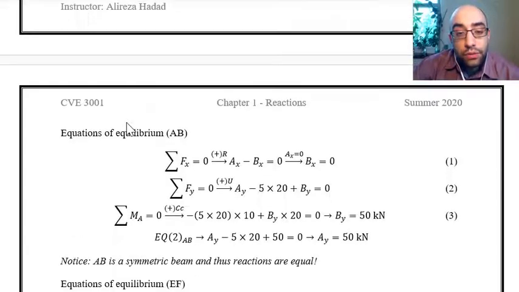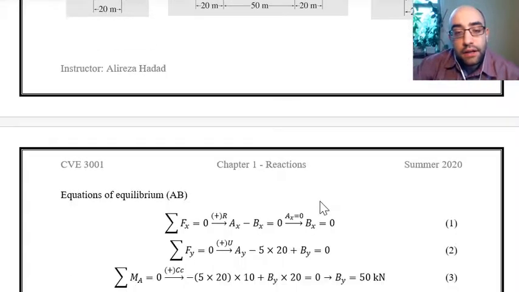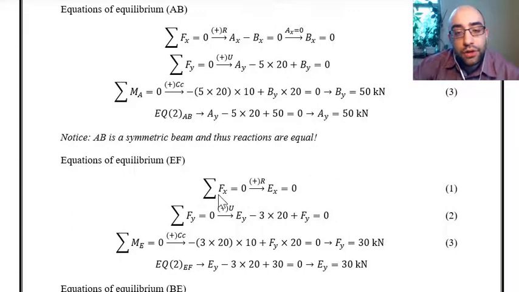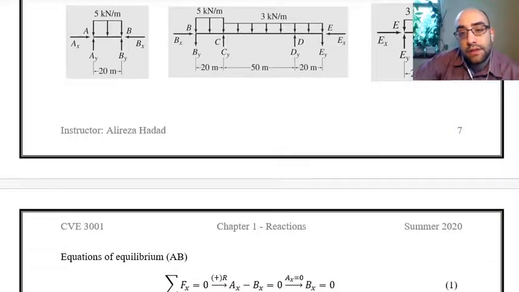Now what I can do is to move and look at segment EF, this simple segment over here, and do the same. I can write the equations for equilibrium at this segment, and if I do that, you can see the equations.